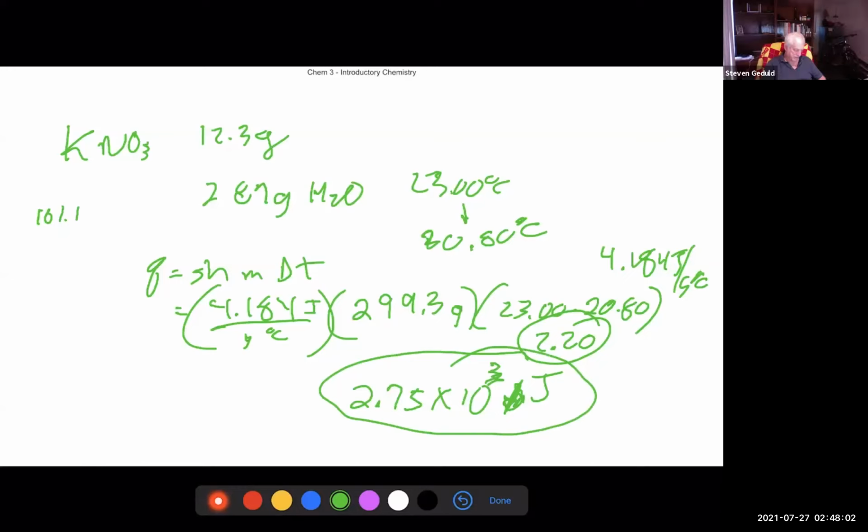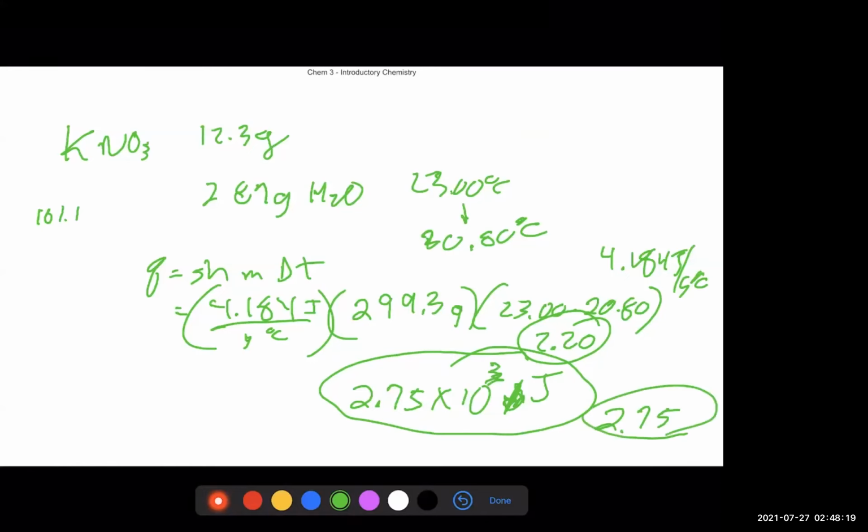Let me see. Yeah, maybe I just input it wrong because Sapling's really special. Oh, no. See, it says kilojoules. So it should be 2.75 kilojoules. Yeah, that's what I put originally before I asked you for help, and it said it was wrong too. So I was like, how? I was really confused.